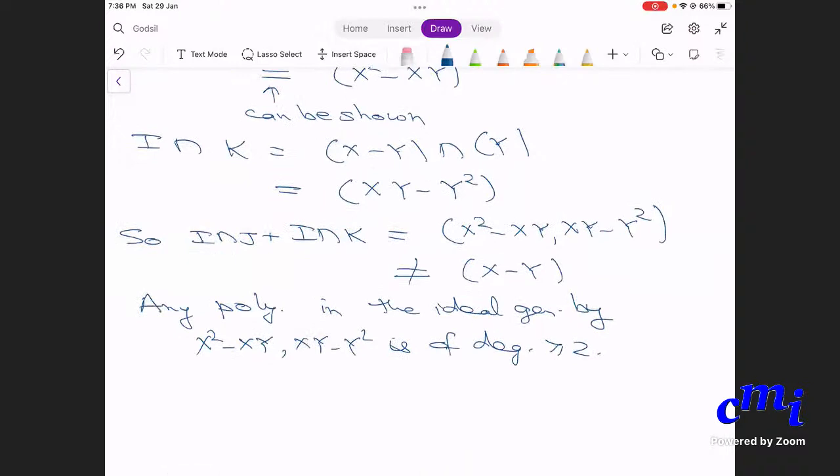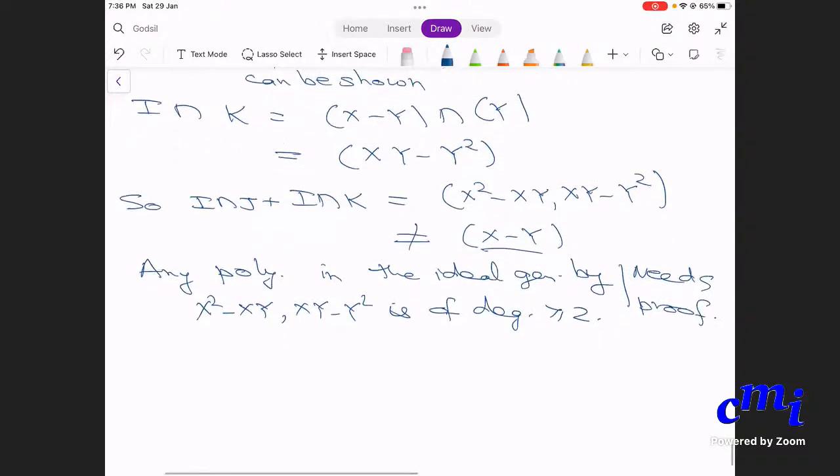You're multiplying two things and adding. It needs a little bit of proof, and even allowing for cancellation, one can show that any polynomial in this ideal is of degree at least 2, but x minus y is of degree 1. So it cannot belong to this ideal. This needs proof, but anyway, it can be done.